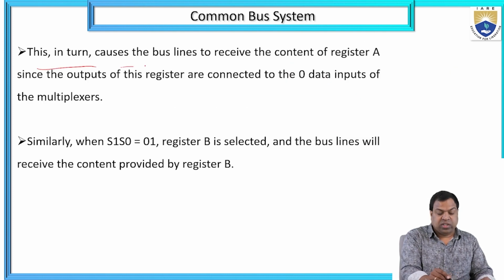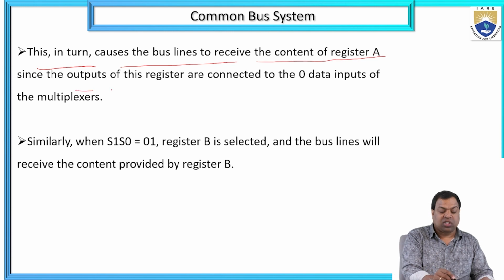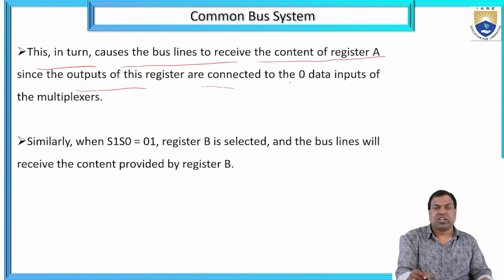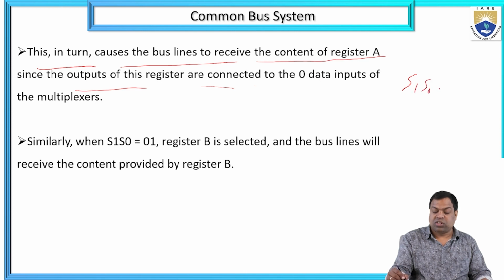So the bus lines receive the content of register A, and the outputs of these registers are connected to the 0 data inputs of the multiplexers. Similarly, S0, S1 equal to 0, 1, register B is selected, and the bus lines will receive the content provided by the register. Previously, S1, S0, 0, 0, A register will be selected.